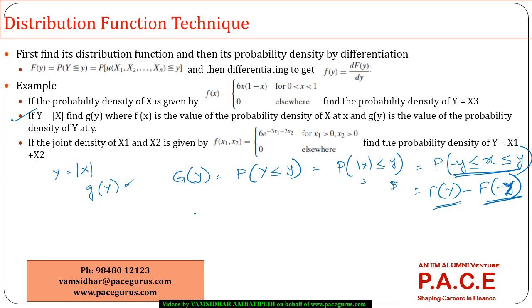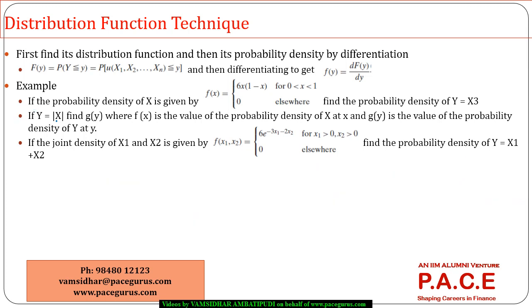I'll take the derivative of this, which is my distribution function, and that will give me f of y plus f of minus y. So the density function is going to come out as f of y plus f of minus y for y greater than 0 and it is 0 elsewhere. So that's how we can solve the functions of random variables if we are going with the distribution function technique.